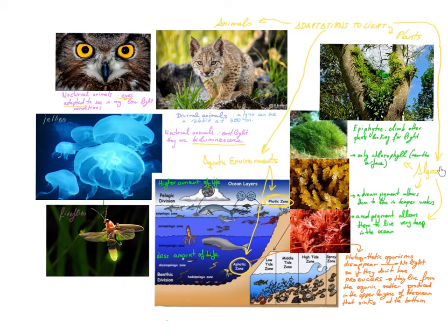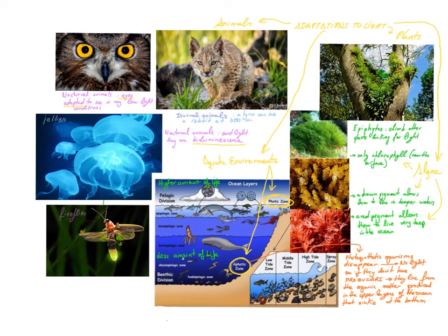Talking about algae, we have to differentiate between green algae, brown algae, and red algae. What is the difference between them? Green algae only have chlorophyll because they live near the surface and they have to capture the sunlight.